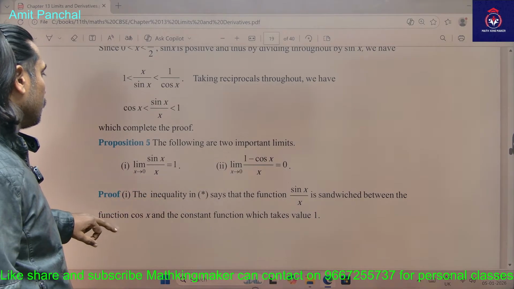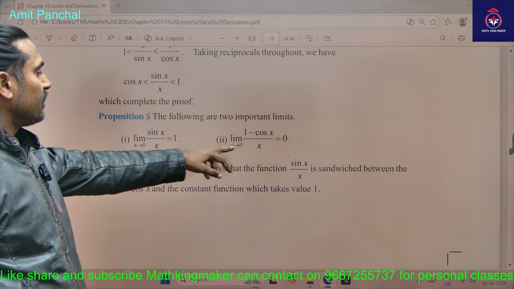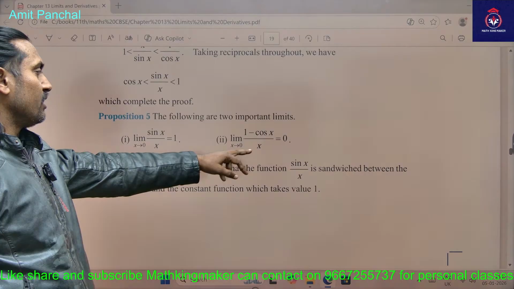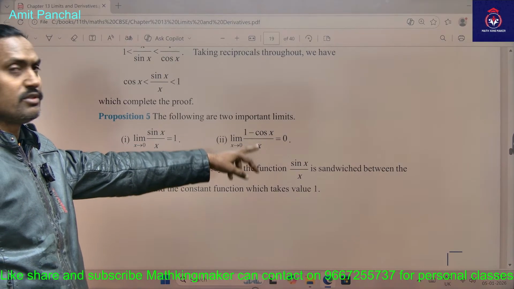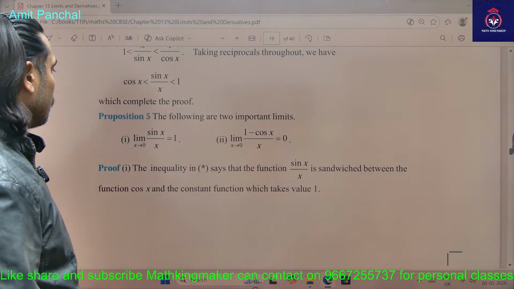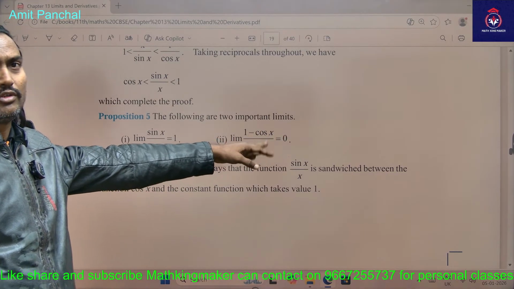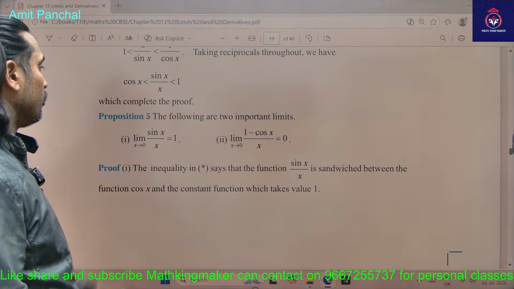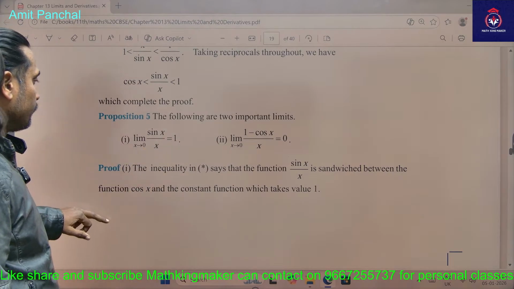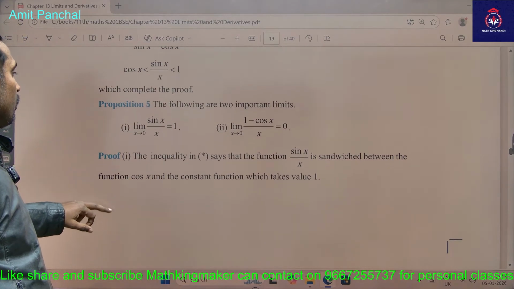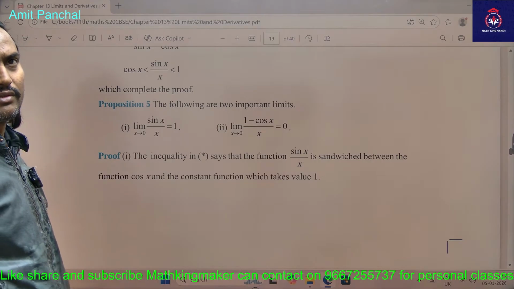And this one, limit x tending to 0 of (1 minus cos x) by x, if you put x as 0, you will get 0 by 0, isn't it? But this limit is equal to 0, that you have to remember. So these two formulas are for trigonometric functions.